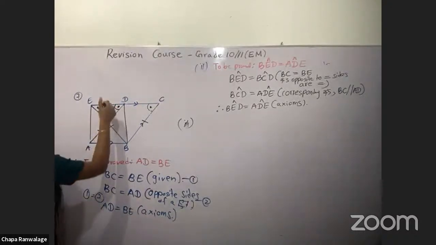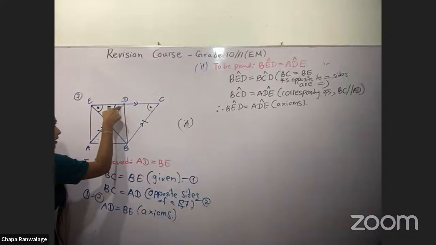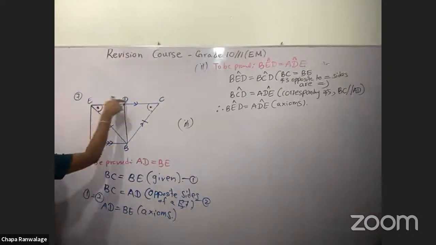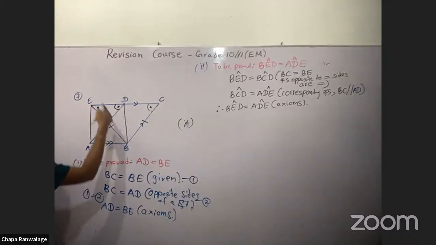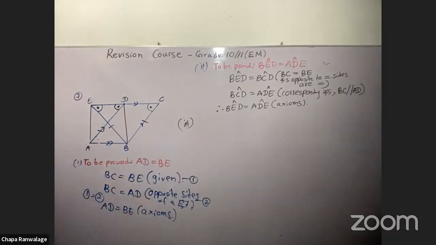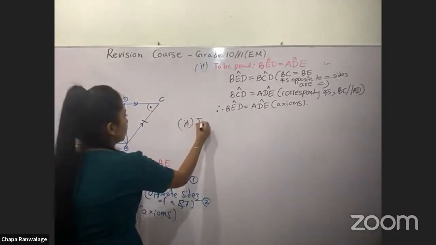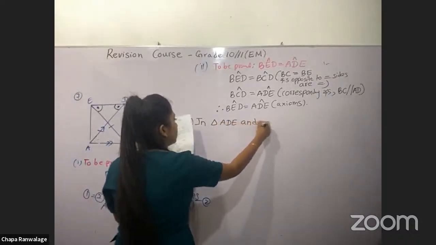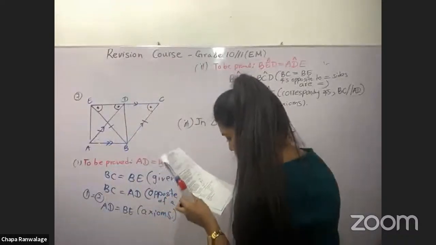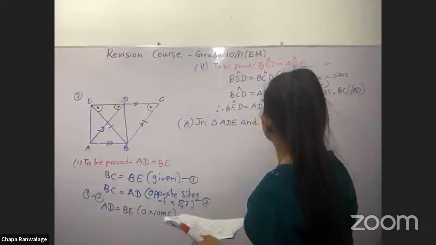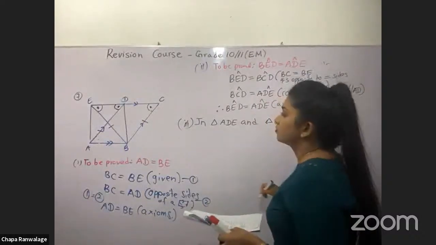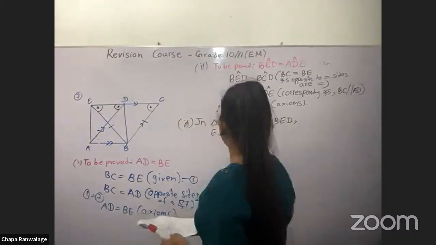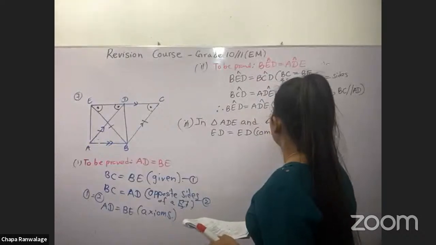AED. What are the elements? This one is common. This one is angle. This one is side. Side, angle, side. Now, in triangle ADE and triangle BED, ED equals CD, common side.